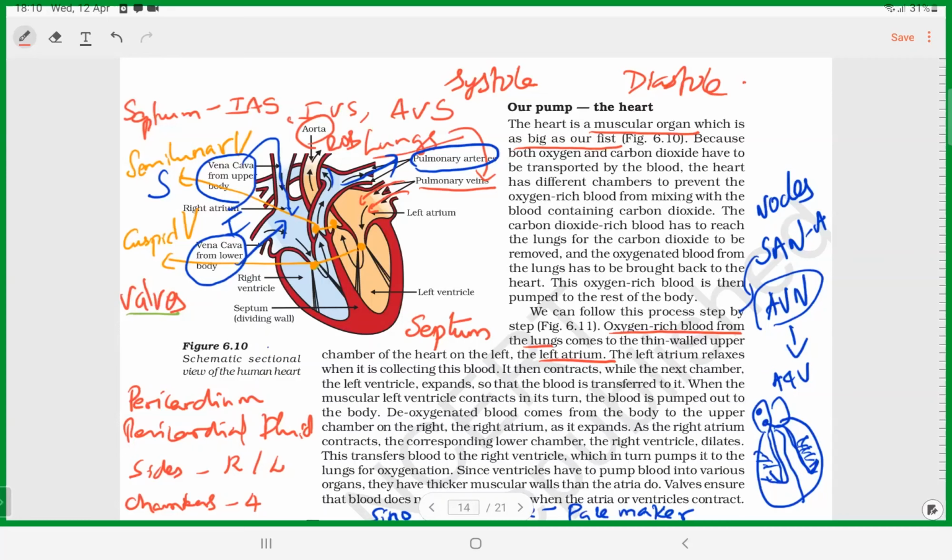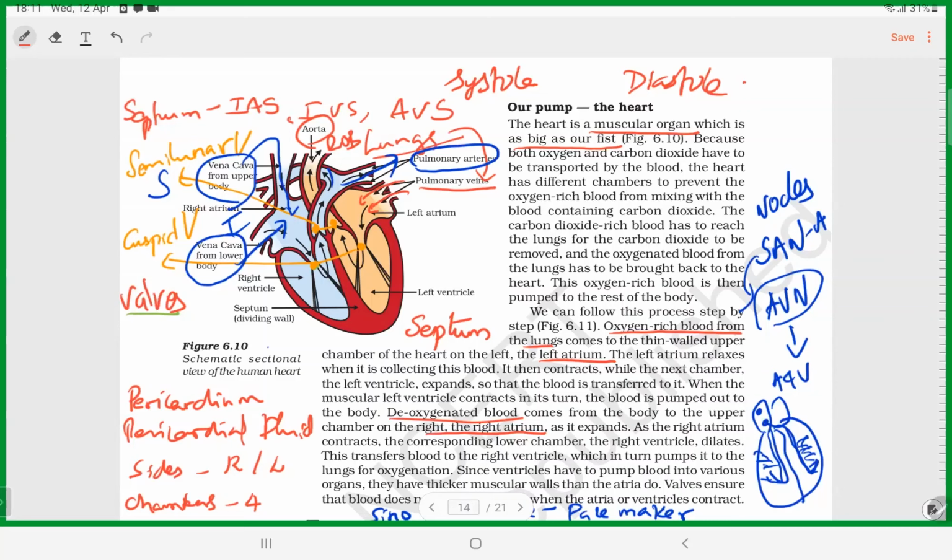At the same time, deoxygenated blood reaches the right atrium. Can you understand? Oxygenated blood from the lungs goes to the left atrium, and deoxygenated blood from the rest of the body goes to the right atrium. That's the first step.